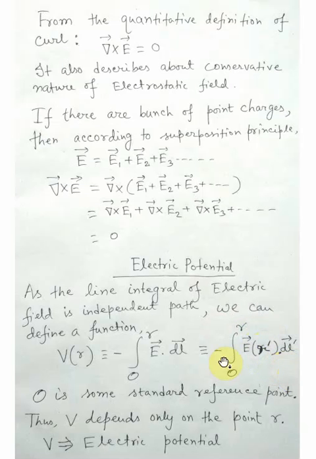Otherwise we can avoid this and make our life easy. For the time being we will not consider this, because we don't require it right now. If it is required, then we have to consider the primed coordinate explicitly. Thus this V depends only on the point r. So we have seen that this V is called the electric potential.